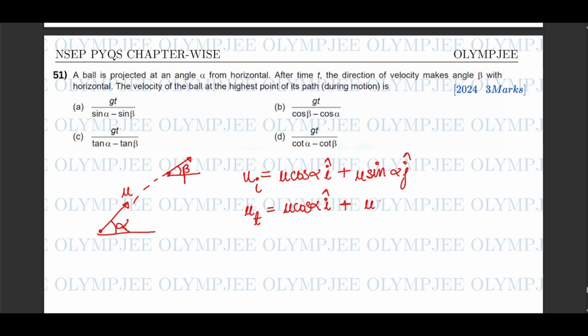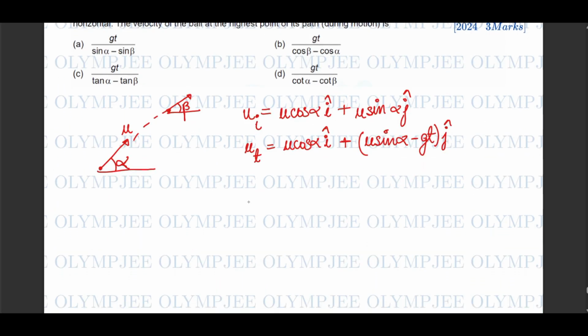In the y direction it will become u sin alpha minus gt, and it is given that this velocity is making an angle of beta with the horizontal. So what this means is that this is the y component at time t and this is the x component at time t. This is making beta.